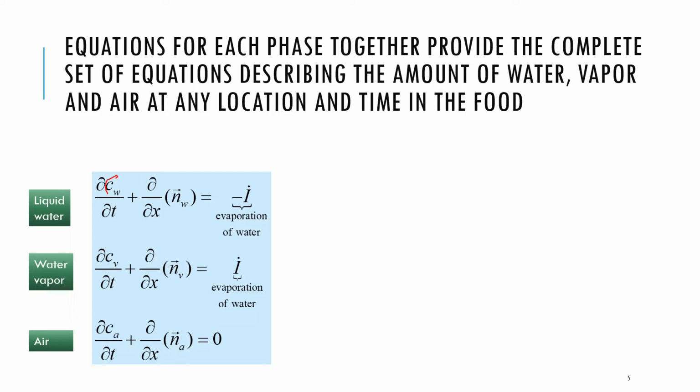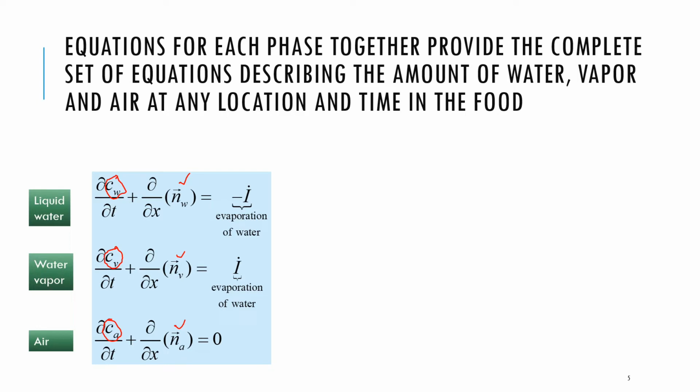Here C is the concentration, so Cw is the concentration of liquid water, Cv is the concentration of vapor, Ca is the concentration of air, and Nw is the flux for water, Nv is the water vapor flux, and Na is the air flux.